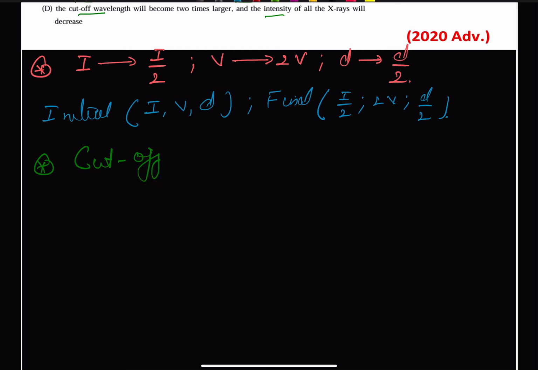So it means our cutoff wavelength is halved.